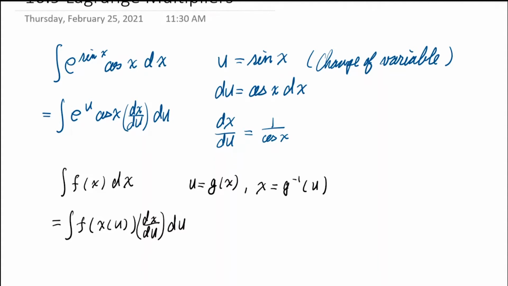This is x, that's the thing that goes in here. So this is known as the Lagrange multiplier, dx over du, the one that ties dx to du and lets us do the substitution, which we called u-sub last year, which is really change of variable. You with me now?